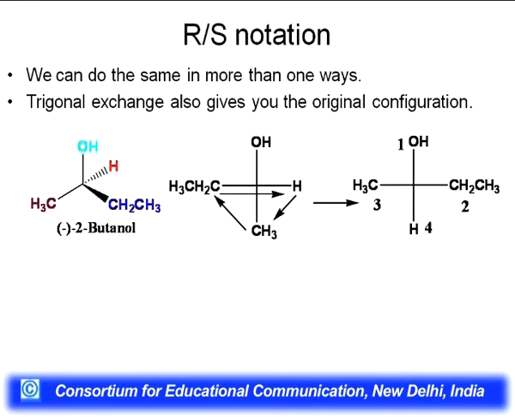So I have told you 2 ways of doing it using the Fischer projection formula, and these are the 2 easiest ways of doing it, and then by doing the 1, 2, 3 I get again that this is R. So by using different projection formulas I am getting the same R configuration for this levorotatory, or L, or minus 2-butanol.